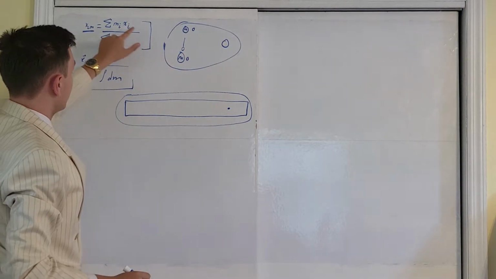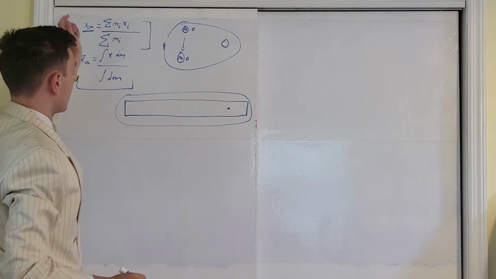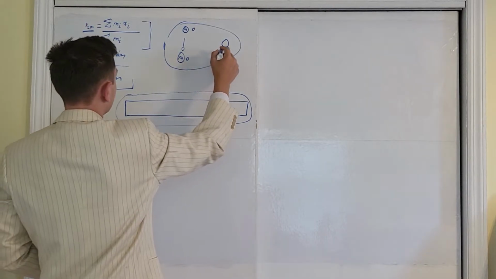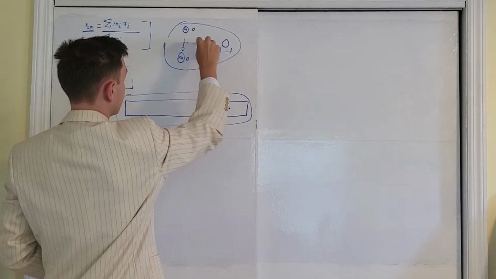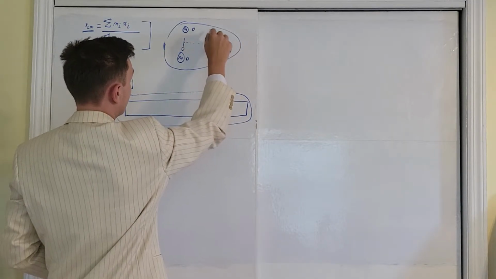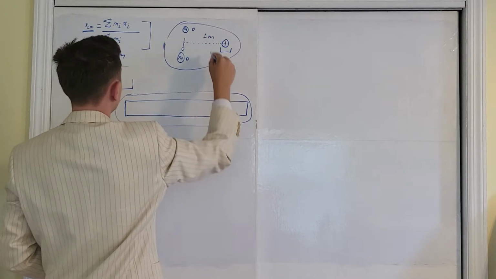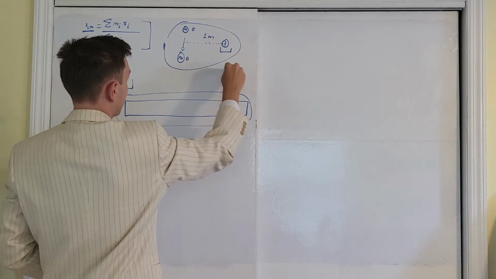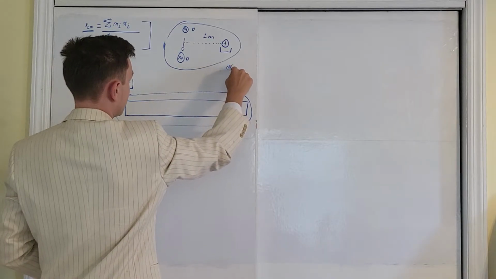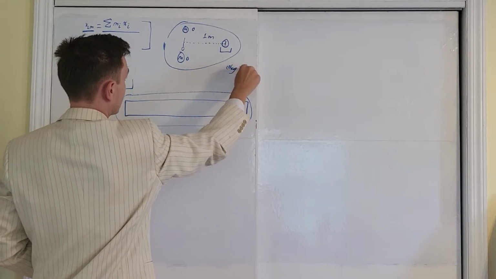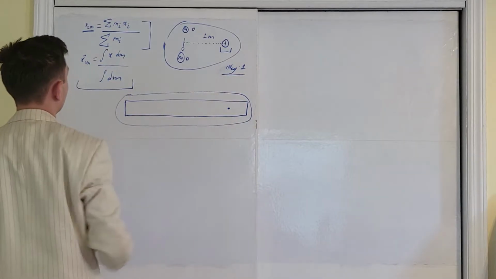X is 0, and 0 multiplied by anything else is 0. So that leaves us with the contribution from this particle. What is the displacement in the x direction for this particle? Let's say it's 1 meter. So the mass of this particle is m, let's say 10 kilograms, 10 kg times 1 meter divided by the sum of all the masses.